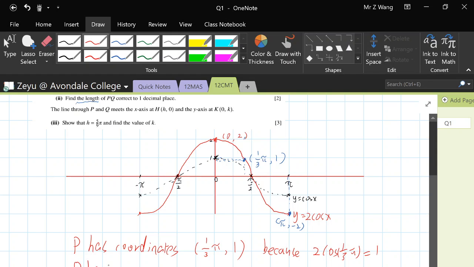Q has coordinates (pi, negative 2), because 2 cos pi equals negative 2.